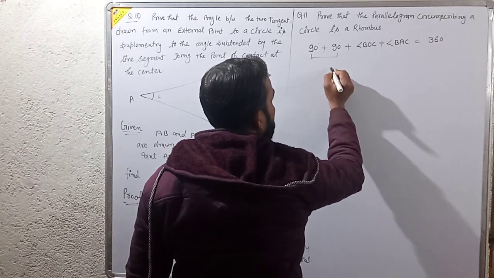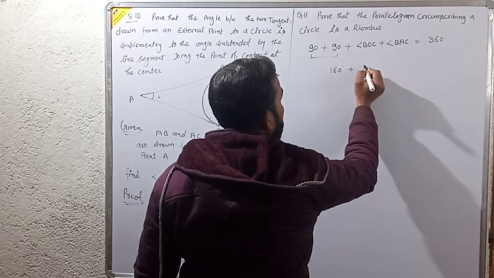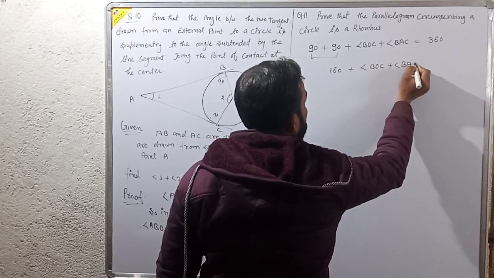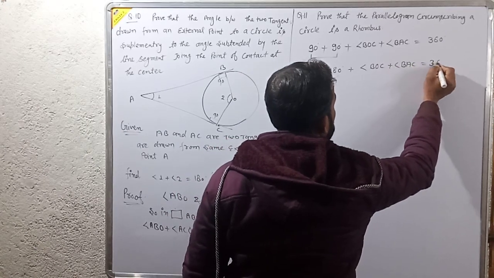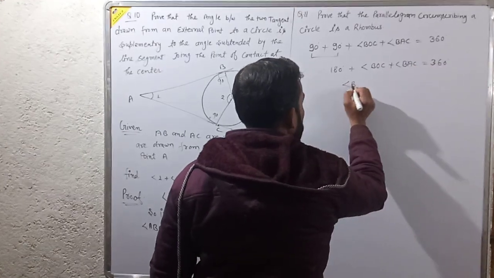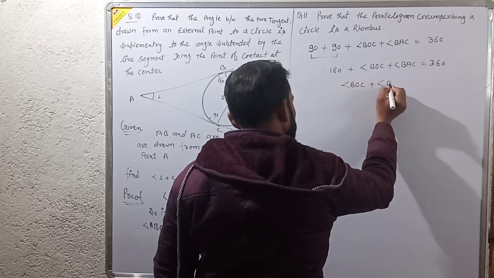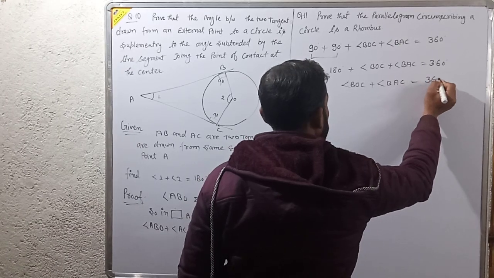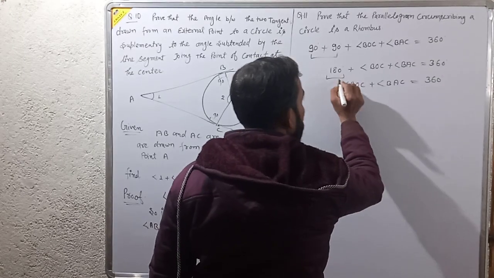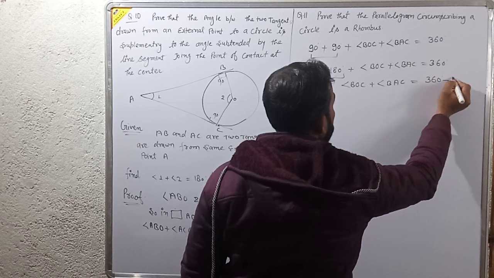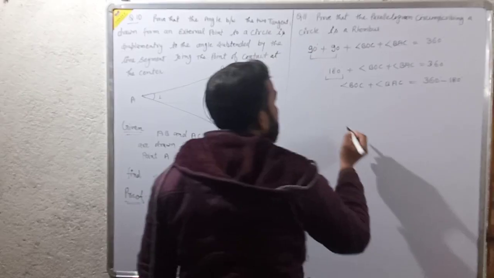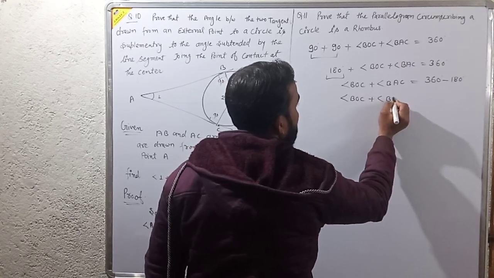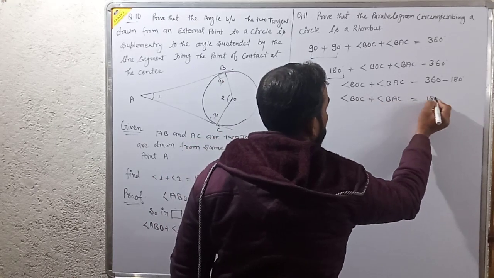This will be 180 degrees plus angle BOC plus angle BAC is equal to 360 degrees. Angle BOC plus angle BAC is equal to 360 degrees minus 180 degrees, as it is transferred from left to right and becomes minus. So angle BOC plus angle BAC is equal to 180 degrees.